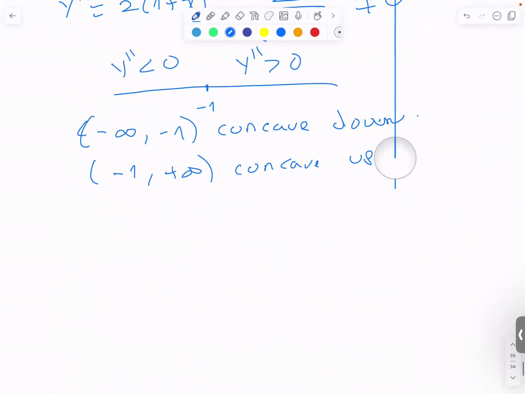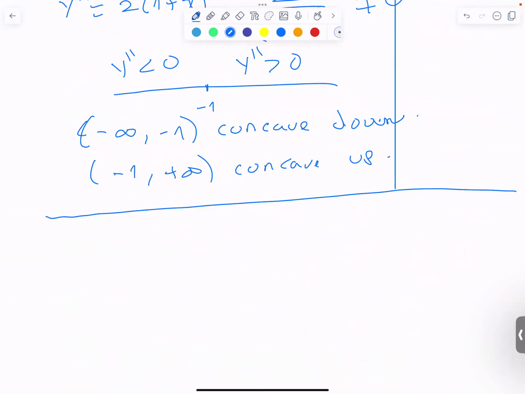Now let's do another one, which literally has some critical points. Let's do the graph of the function f of x equals, let's say, 1 plus 1 over x squared plus 1.